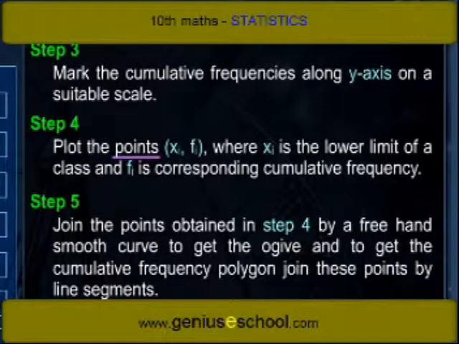Step 4. Plot the points (xi, fi), where xi is the lower limit of a class and fi is the corresponding cumulative frequency. Step 5. Join the points obtained in step 4 by a freehand smooth curve to get the ogive, and to get the cumulative frequency polygon, join these points by line segments.